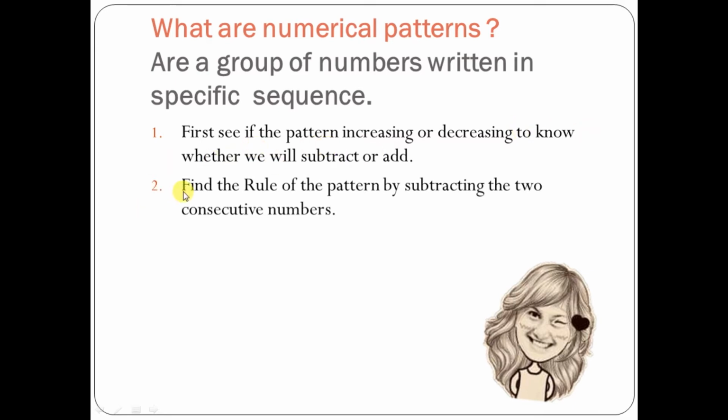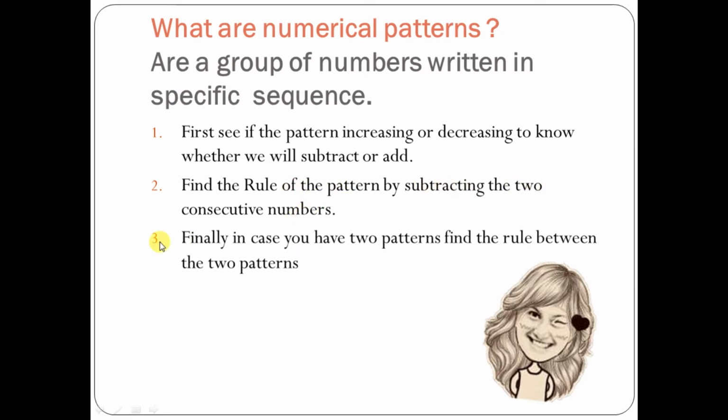Step 2, find the rule. The rule here means the step of the pattern, found by subtracting two consecutive numbers. Third step, in case you have two patterns, find the rule between the two patterns. And in most cases, it is a multiplication rule.